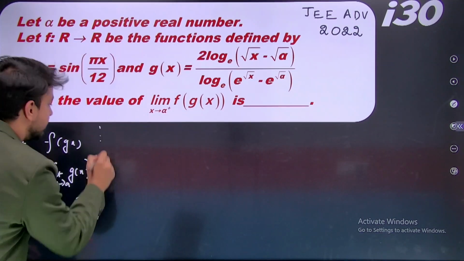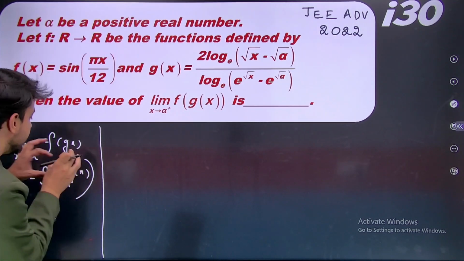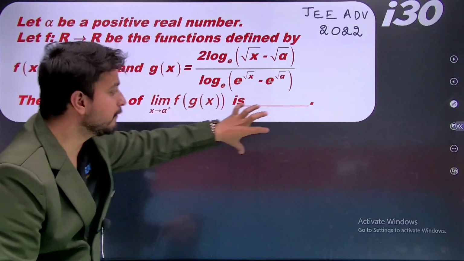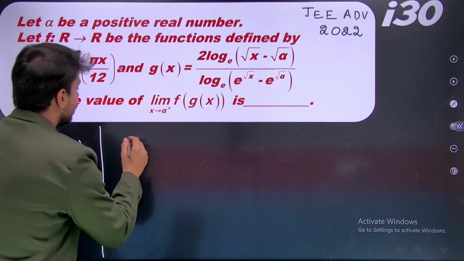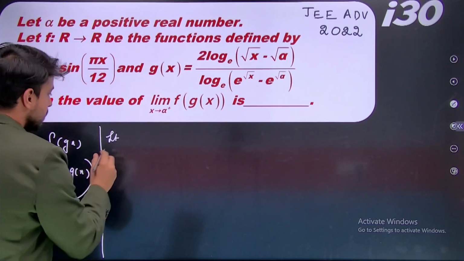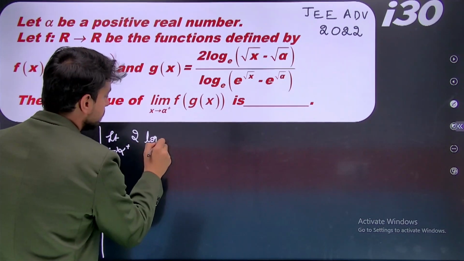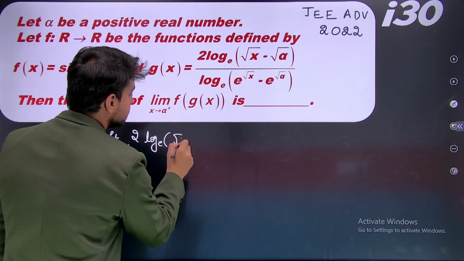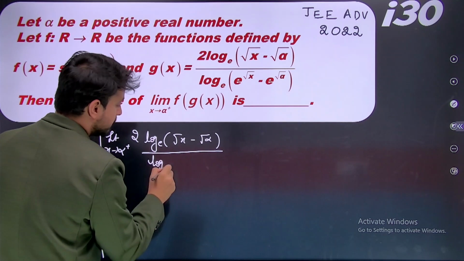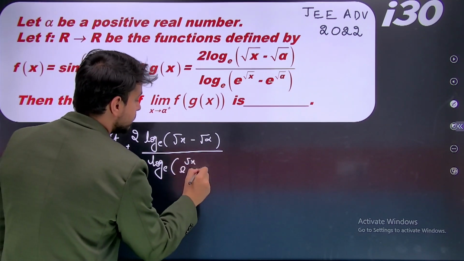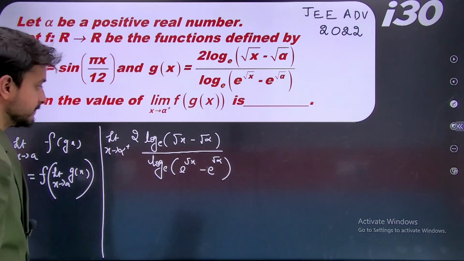So let's proceed and find out the limit of g(x) first. This part I'm calculating, then finally I'll be substituting the value of the limit of g(x) over here and arriving at the answer. So the limit, x tending to alpha plus, of 2 log(root x minus root alpha) divided by log(e^root x minus e^root alpha).